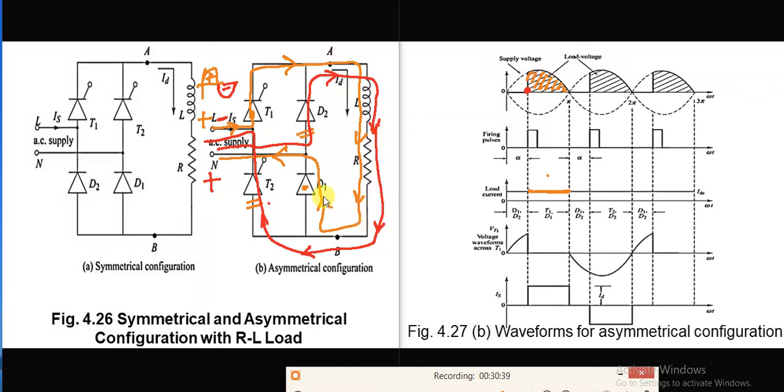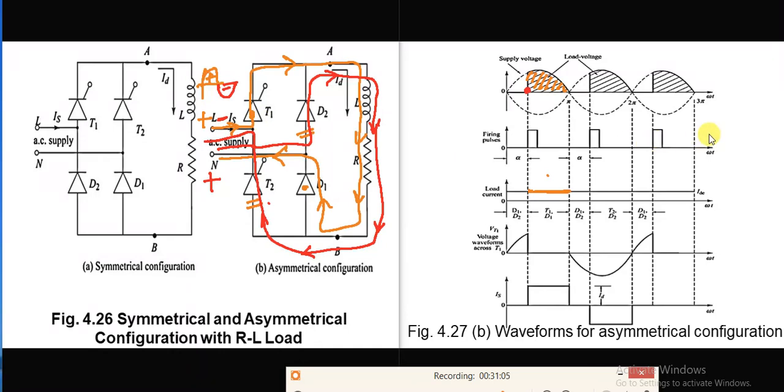Diode D1 and SCR T2 are off because they are reverse biased. Hence, the current will flow from this N, diode D2, L, R, T2 and back to the live.